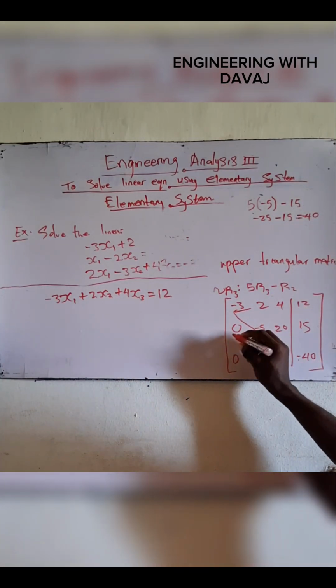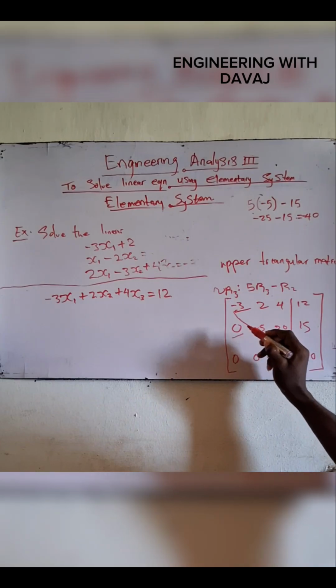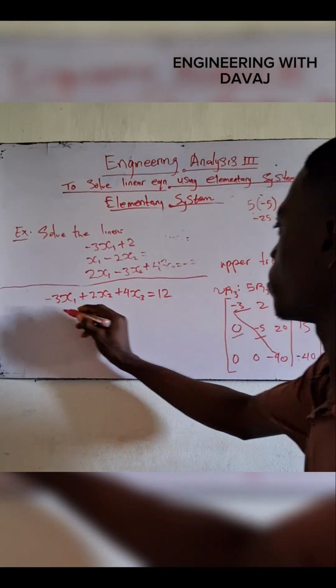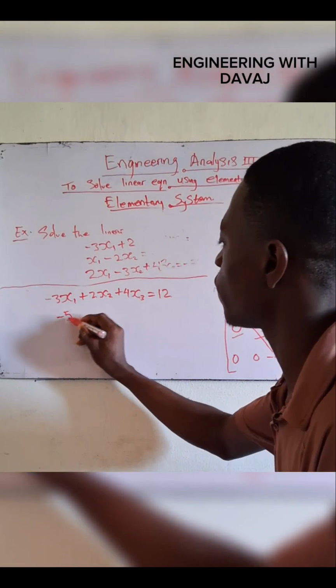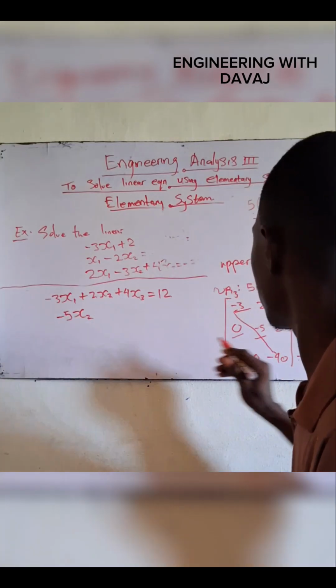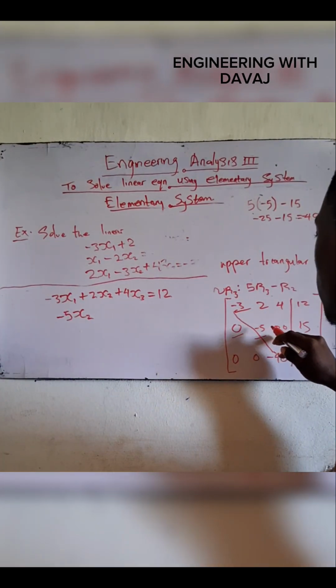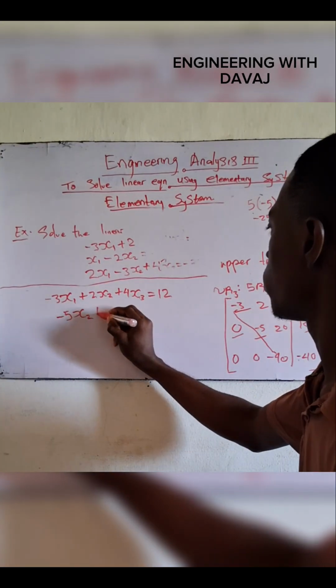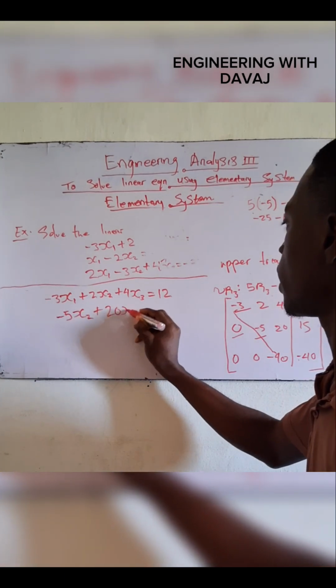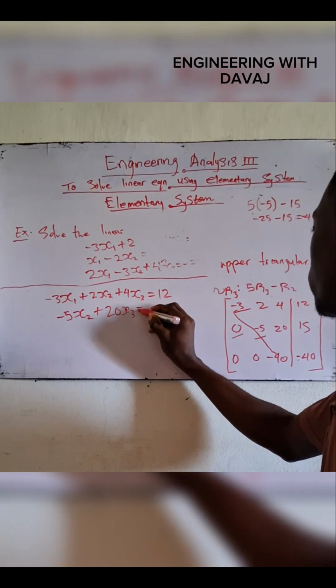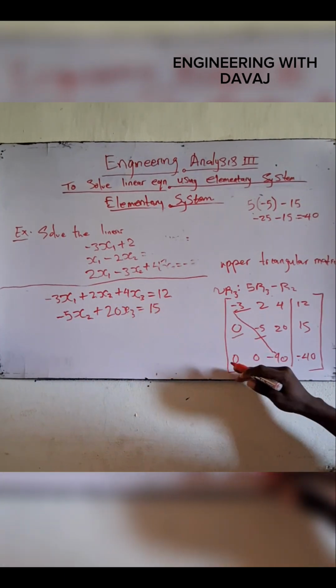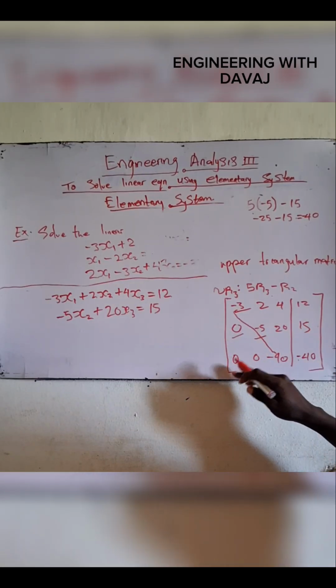My x1 is 0 already, my x2 is going to be minus 5, so I'm going to start with minus 5x2 plus 20x3 equals 15. I'm done with that.